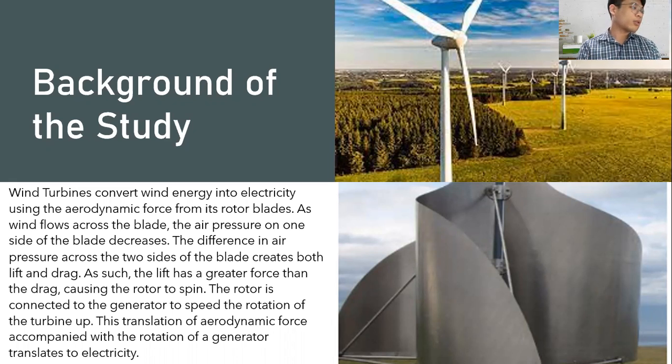Lift and drag are aerodynamic forces depending on the shape and size of the wind turbine. As such, the lift has a greater force than the drag, causing the rotor to spin. The rotor is connected to the generator to speed the rotation of the turbine up. This translation of aerodynamic force accompanied with the rotation of a generator translates to electricity.